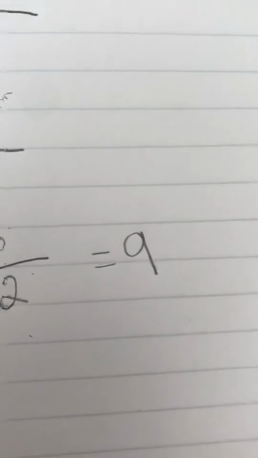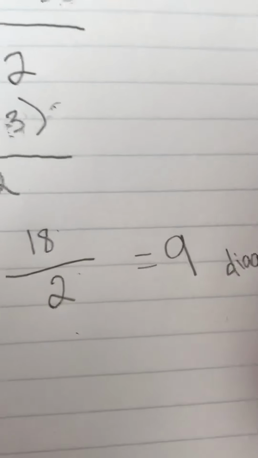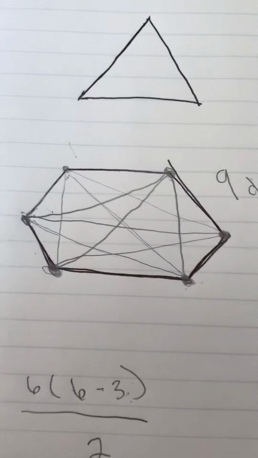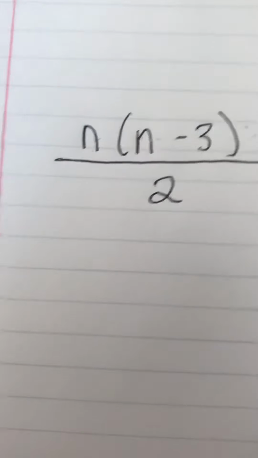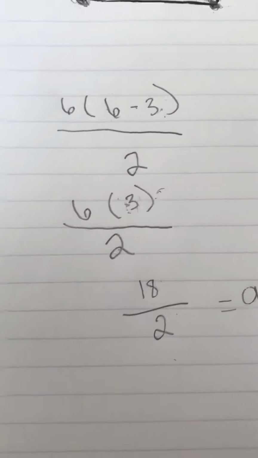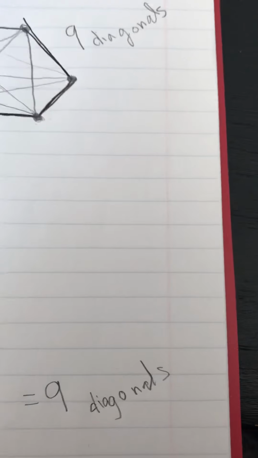So you do end up getting the same answer. It just depends on how you want to solve it. You can either count by drawing lines and going from each vertex, or you can use the formula. But if you use the formula, make sure you're following PEMDAS. You will end up getting the exact same answer.